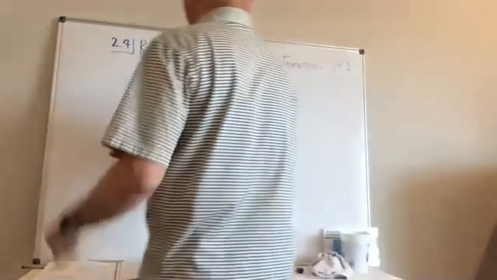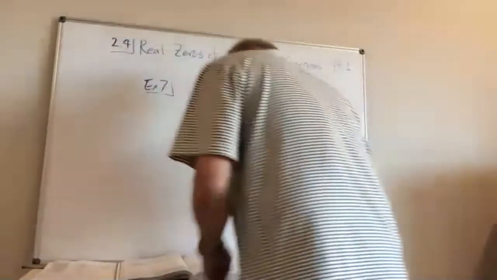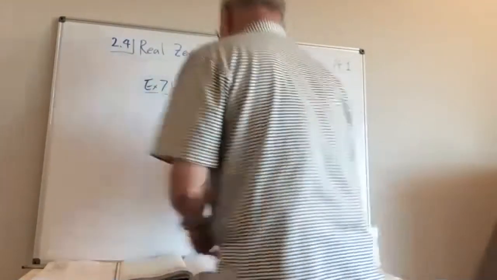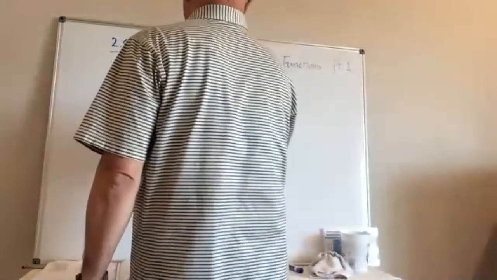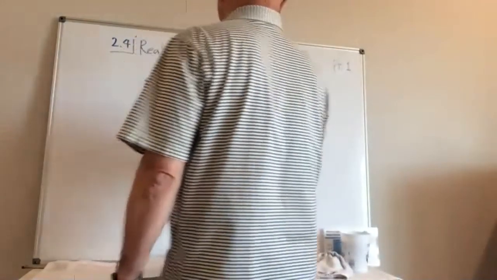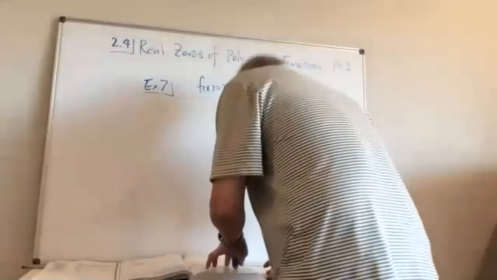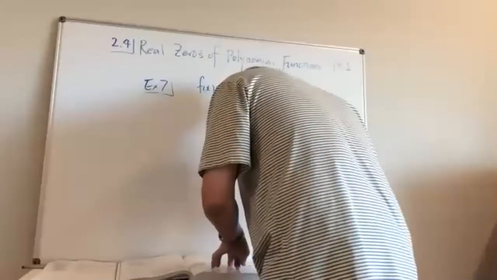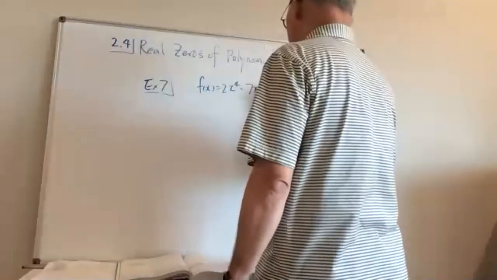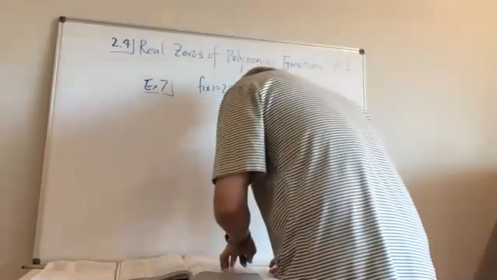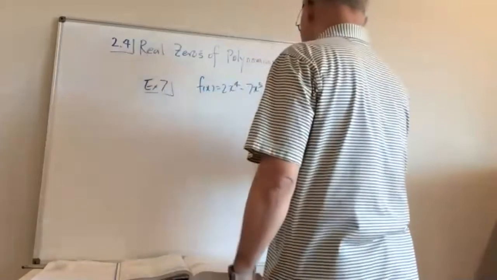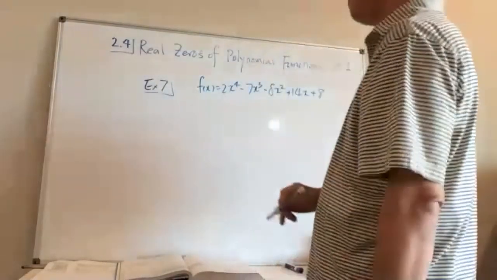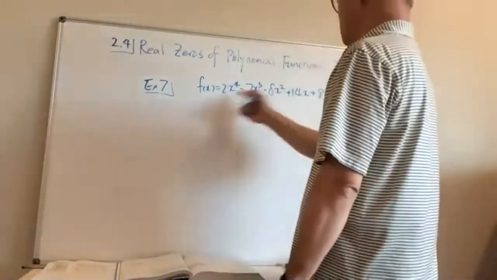Example number 7 says, find all the real zeros of f of x is equal to 2x to the 4th, -7x cubed, minus 8x squared, plus 14x plus 8.